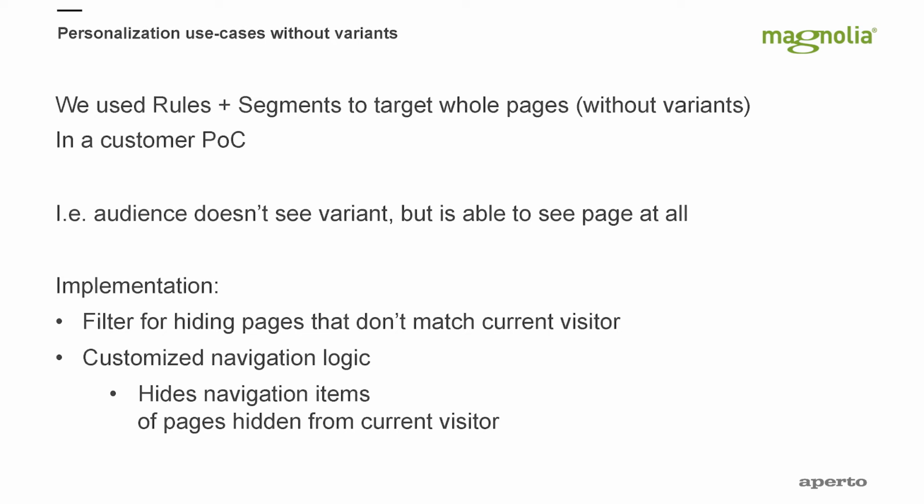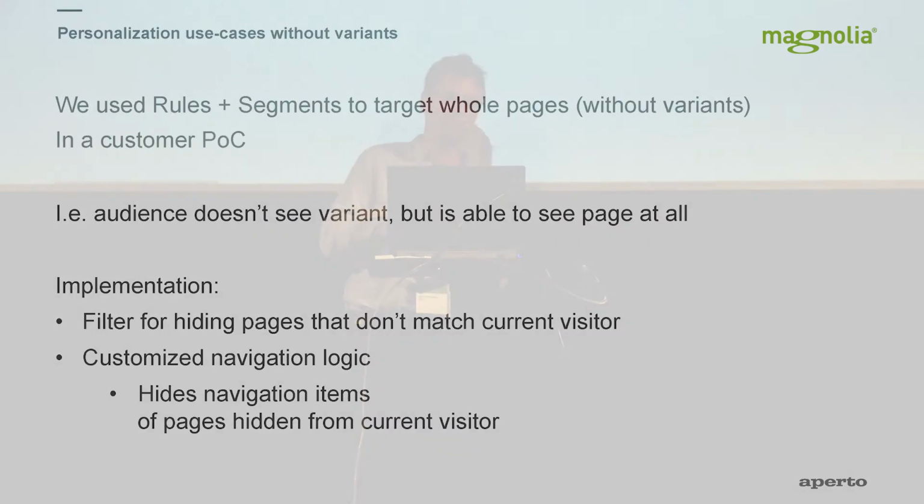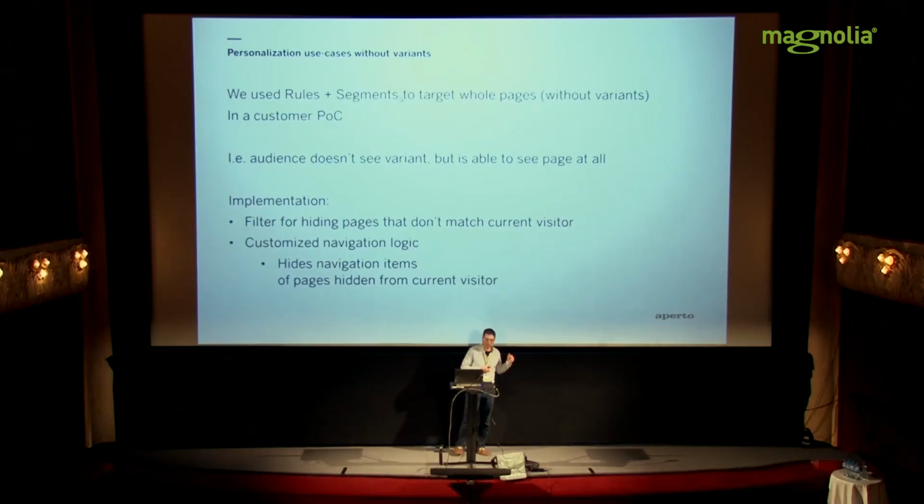Another use case that we did in a customer proof of concept was to use personalization on whole pages, which is not page variants, but the whole page. It's a bit like access rights on pages, but you define the access rights using rules and segments and stuff like that. And this only really works if the navigation adapts to that as well.